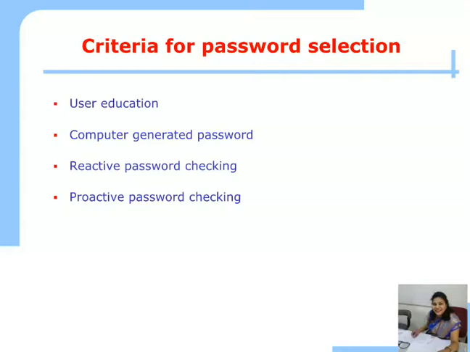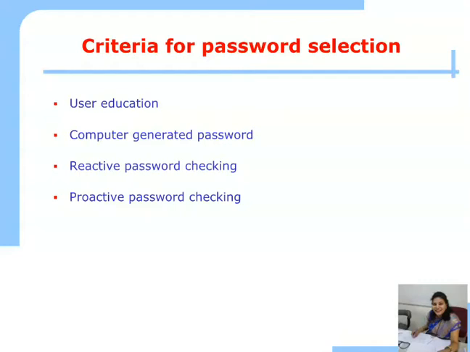So what are the criteria for password selection? If you want to secure your system, your password should not be hacked. So if you want a strong password, you should have the following 4 criteria.